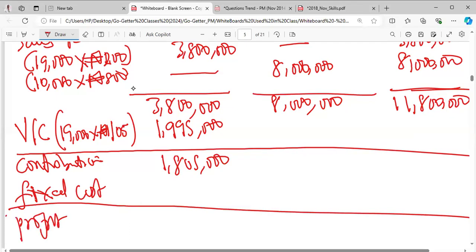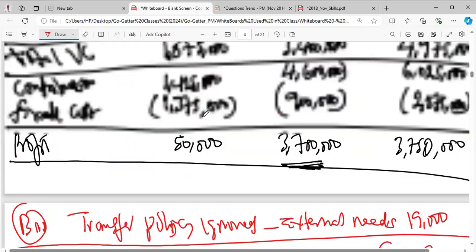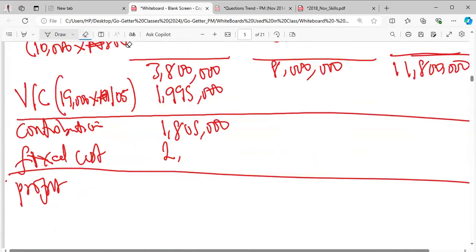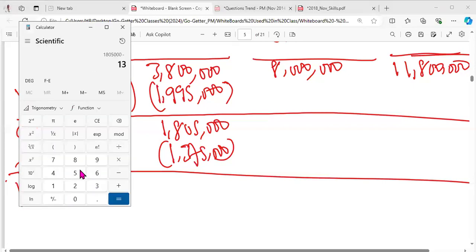Fixed cost here is 1,375,000. So I'm calculating it immediately. I will go straight down here. I have 1,805,000 minus 1,375,000.